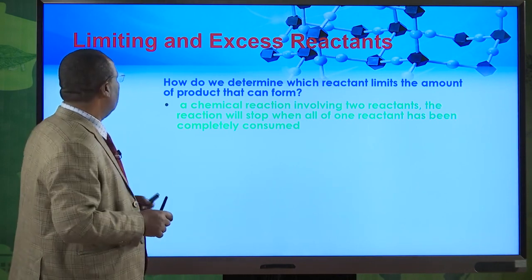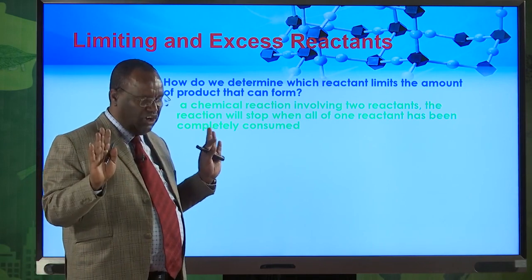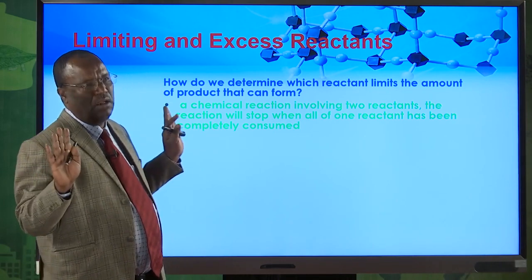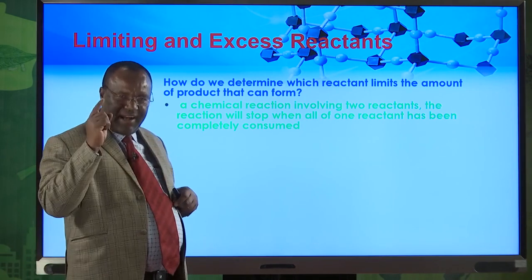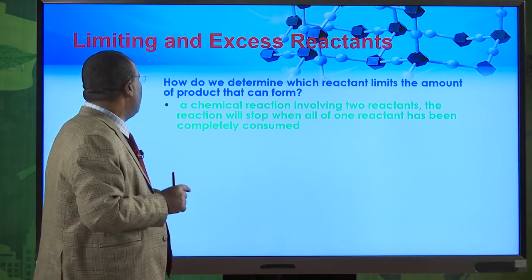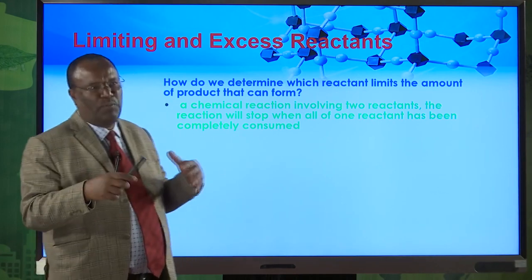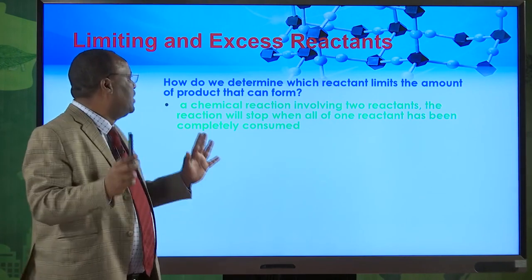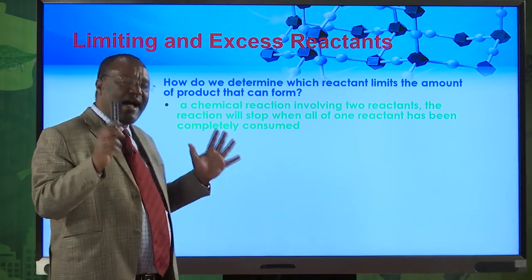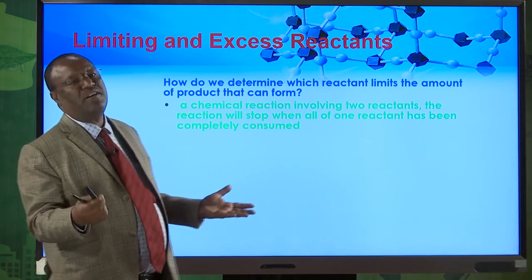Let us say a chemical reaction involves 2 reactants only. The reaction will stop when all of one reactant has been completely consumed. It is the reactant that determines the product that will be formed as the final stage of the reaction.